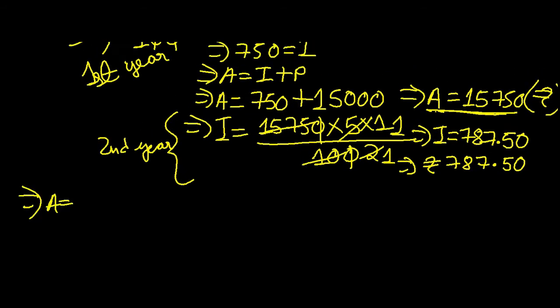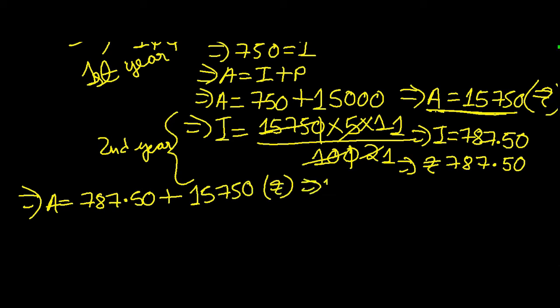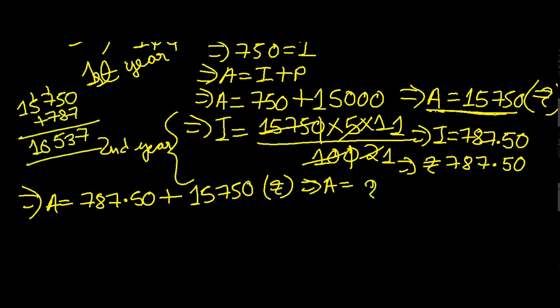So A is equal to this interest 787.50 plus the principal. The principal in this case is 15,750 rupees. So amount is equal to rupees 16,537.50 paisa.